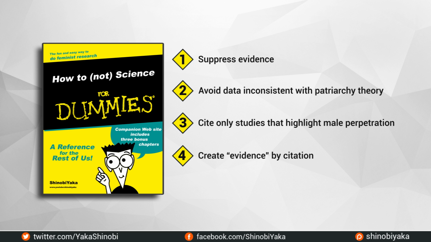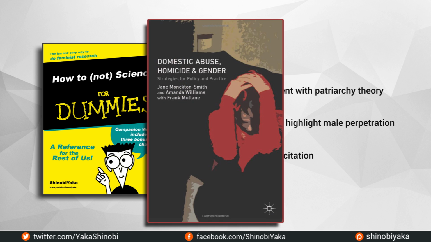A textbook example of this is found in the book Domestic Abuse, Homicide and Gender: Strategies for Policy and Practice by the feminist criminologist Dr. Jane Monckton-Smith, where in the section Abusers in the System, she claimed that the percentage of abusers within a police force was 40%.